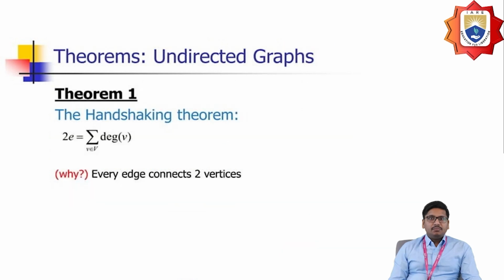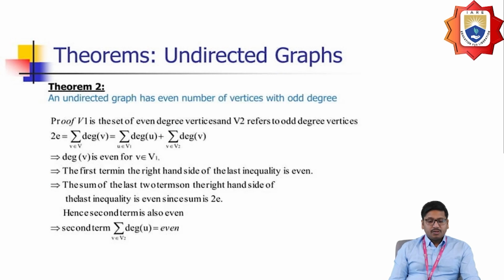So the handshaking theorem. According to the handshaking theorem, the number of edges 2E is the sum of degree of v divided by 2. That is the handshaking theorem. Another theorem is that an undirected graph has an even number of vertices with odd degree.